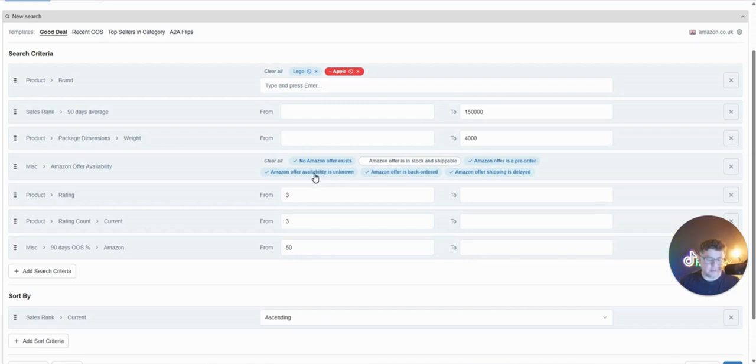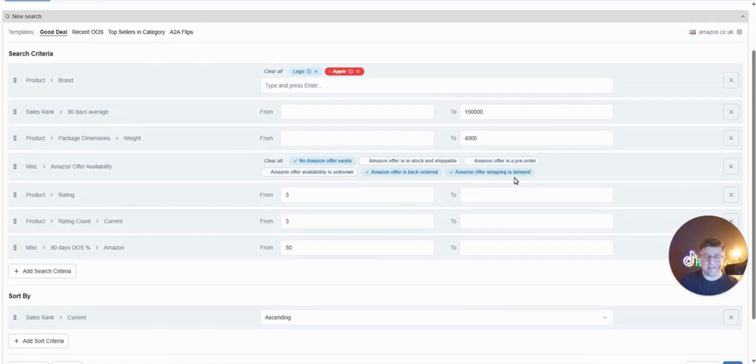We also have the Amazon offer availability is unknown. To be honest, this filter does really confuse me. If you know a bit more about that filter, please drop it in the comments below because that filter just totally confuses me. So I turn these ones off.